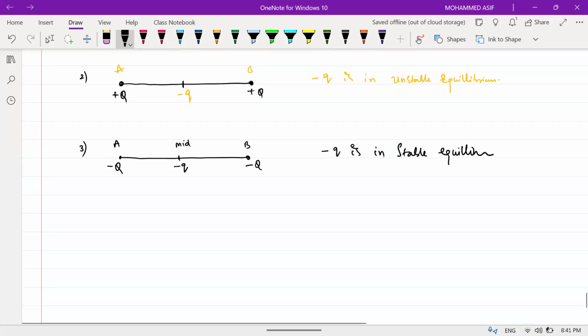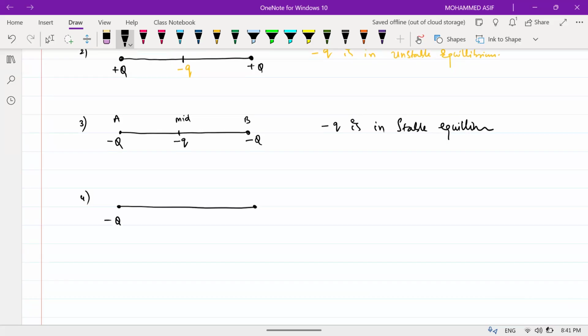Yeah, chalo. Now let's take the next question, think and tell me. Now here there is a negative charge. Here there is a negative charge. And in the middle there is a positive charge plus Q. It's unstable. Obviously it is unstable. Why? Because again same.